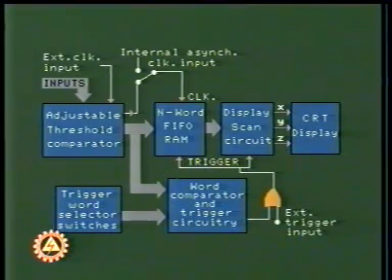An internal crystal controlled clock source for precise timing measurements. A display scan circuit and a CRT display to display the group of samples on the screen. For large-scale testing, an automated test equipment is used since other methods are time-consuming. However, such equipments are very expensive.